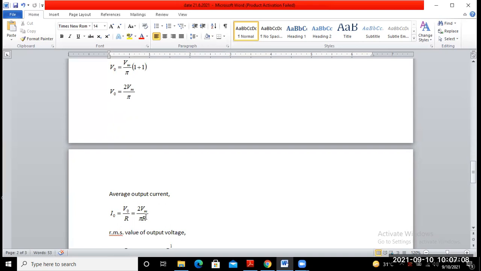This is the standard formula for the RMS of any waveform.